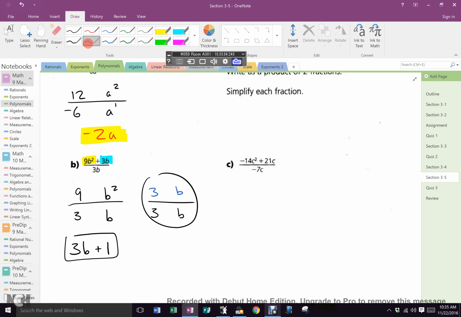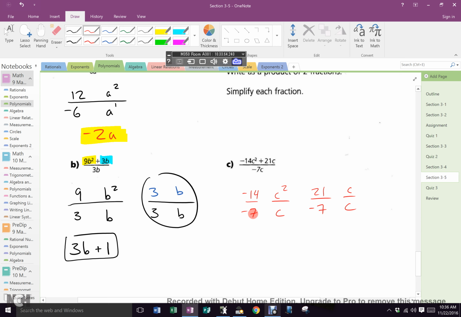Cool? All right. Now this is a really hard one because there's negatives all over the place. But does anything change? No. What's the numbers? 14 and 7. Negative 14 over negative 7. Then 21, c squared over c. 21 over negative 7 and c over c.